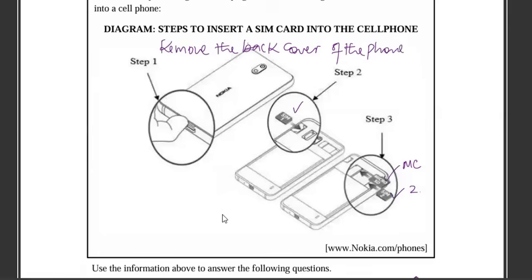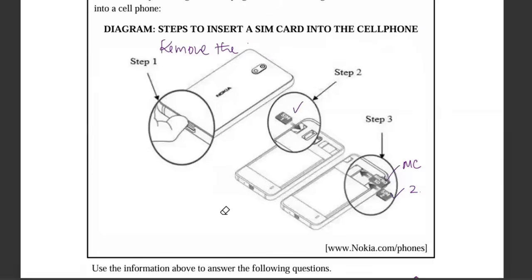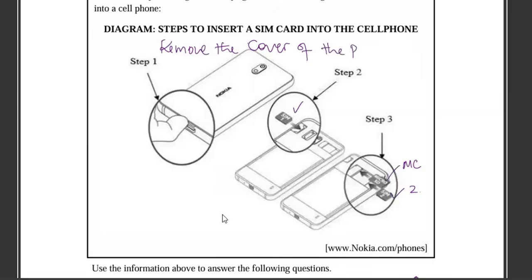By the way, it's the back cover because the front is the screen. Remove the cover of the phone. That's step number 1.